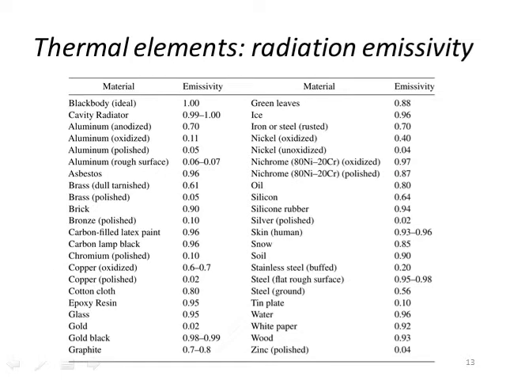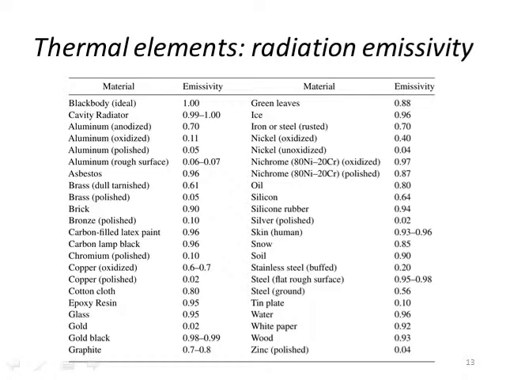This is an example of some materials and their radiation emissivity. An ideal black body has epsilon equal to 1. It's quite interesting that gold is quite a bad thermal radiation emitter, 0.02. Glass, on the other hand, is quite high, 0.95. So although gold is a really good heat conductor, it's a really poor heat radiator.